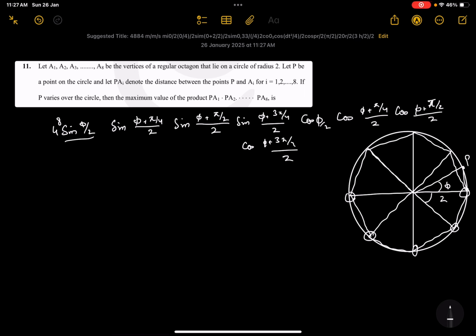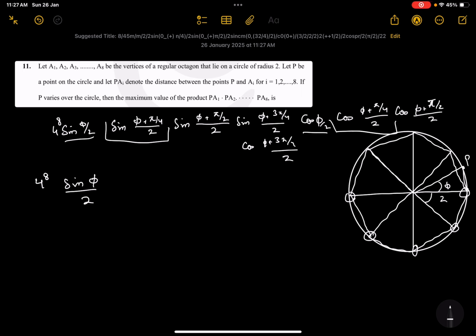Now we'll pair this with this and apply sine theta cos theta equals sine 2 theta by 2. So that gives us 4 to the power of 8. Sine phi by 2 cos phi by 2 becomes sine phi by 2. This and this gives us sine (phi plus pi by 4) by 2.